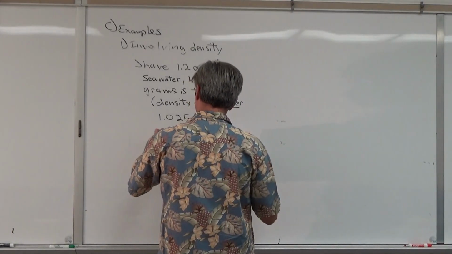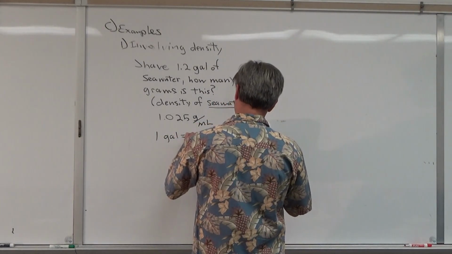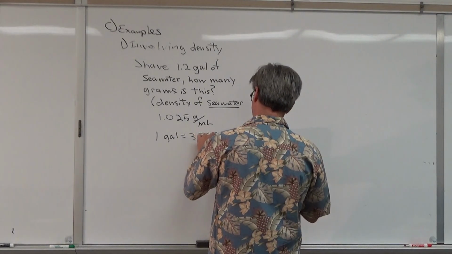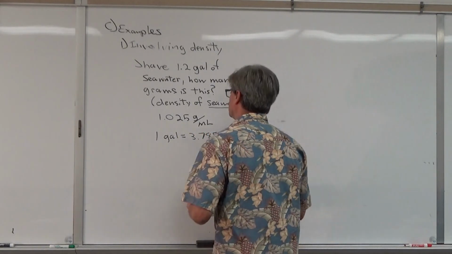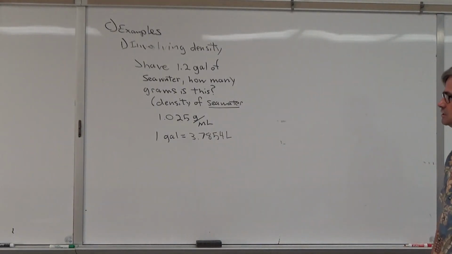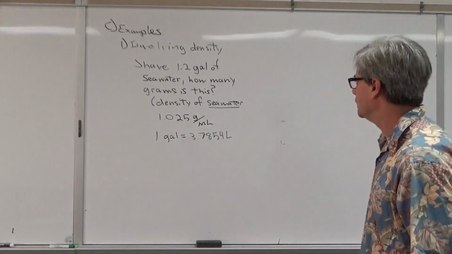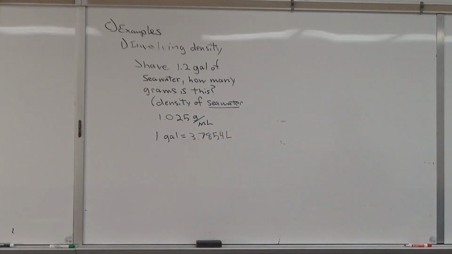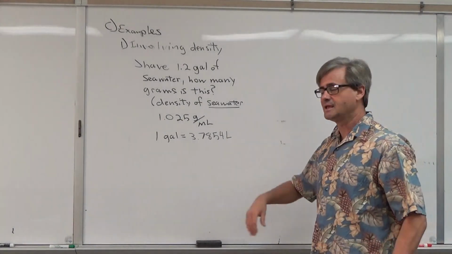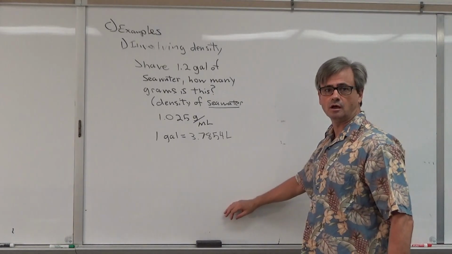1 gallon is 3.7854 liters. Okay? So, you know, again, you could probably work through this problem, no problem, without any training in dimensional analysis, but a little bit more involved, a little bit more thinking, and you probably do it in multiple operations.